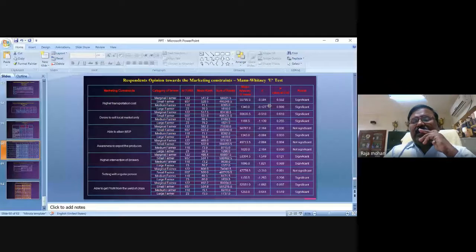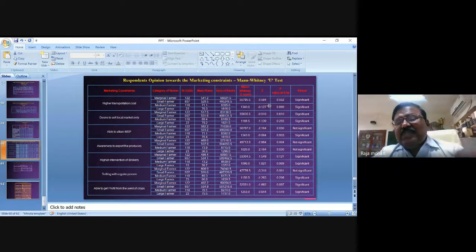And the next one you can remember is the U test. I told you, actually we require here the number of farmers: marginal farmers, small farmers, medium farmers, and large farmers. For that I said we require only two populations, so they merged them and gave it here. See, here we have four independent populations.